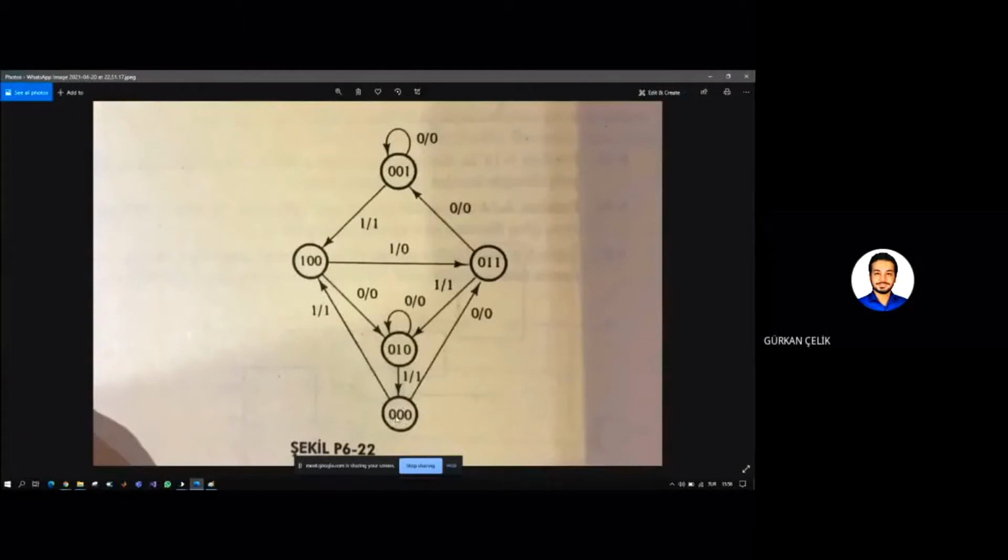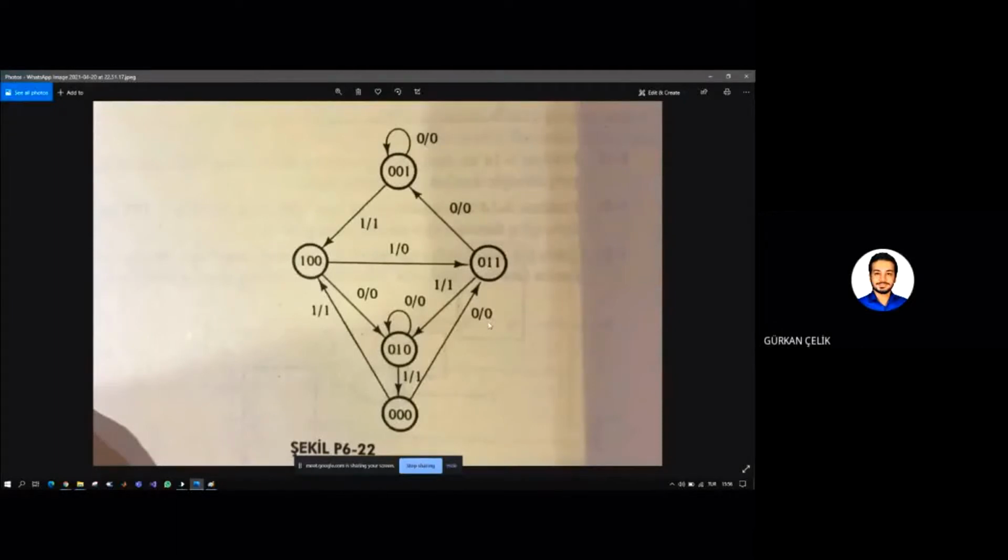If the state is 0 0 0 and the input is 0, then the next state should be 0 1 1.